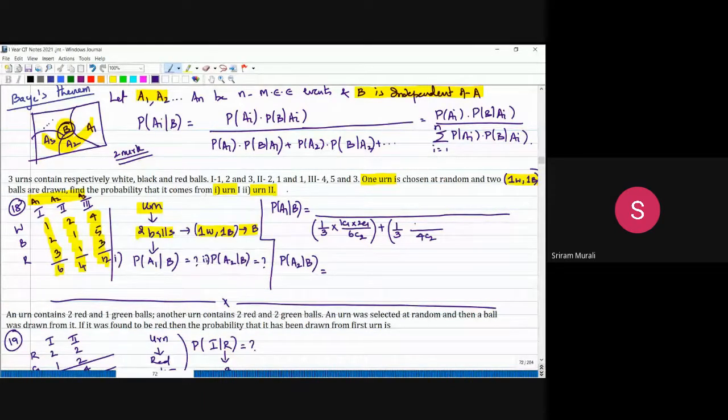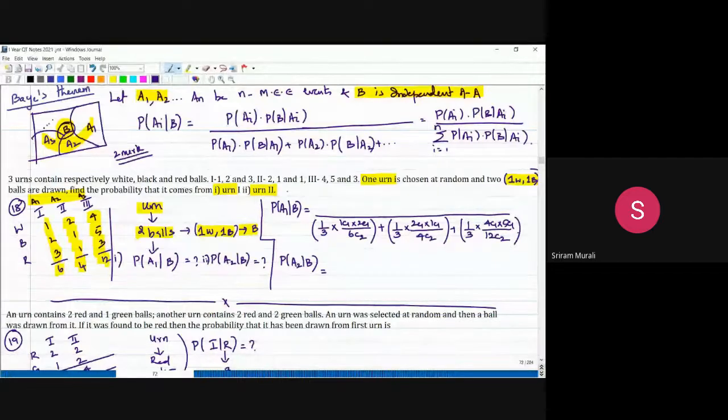So this will be 2C1 into 1C1. So multiply. Or to get a third box, it is 1 by 3. What is the chance of taking these 2 colors? That is 12C2. What are we taking? 1 white, 1 black. So this is 4C1 into 5C1.